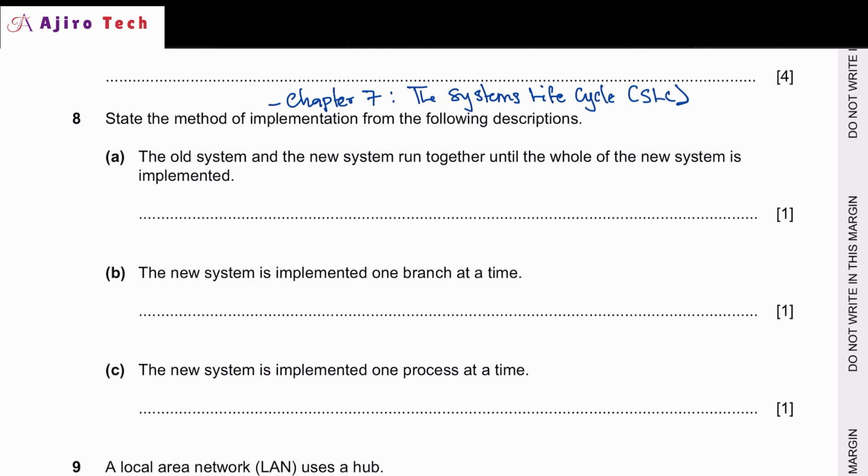So if the system fails, it's only affecting one branch of the organization. And with this pilot implementation, the staff are able to learn the new system. This is only one place, which is faster and it will cost less than parallel, which has 2 systems. But this one, now instead of 2 systems running in every organization, they are implementing it only in one branch of the organization. Are you with me?